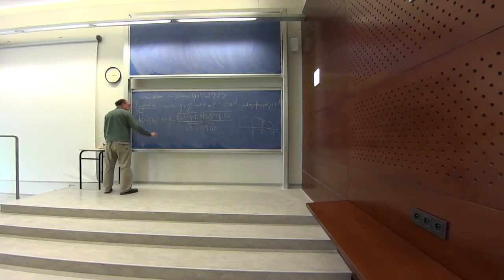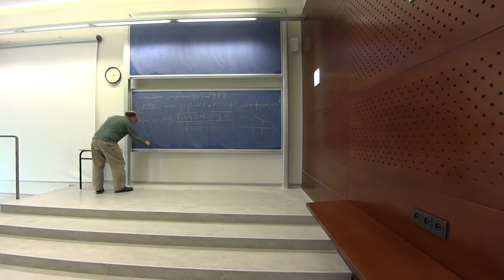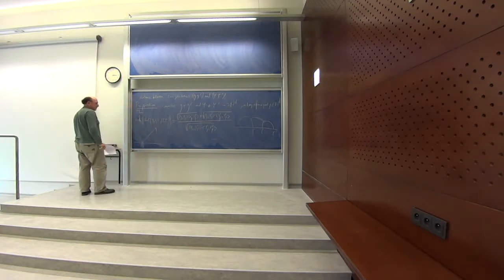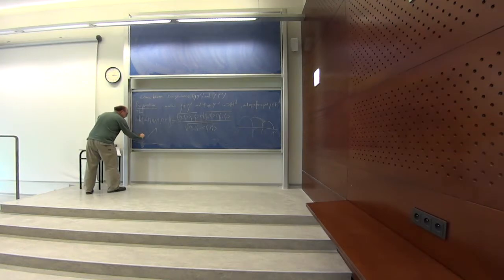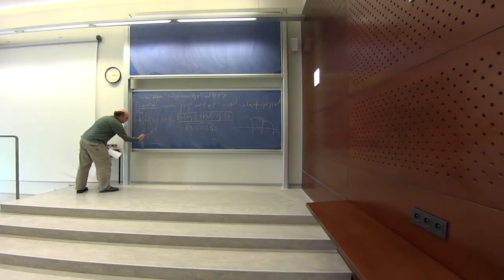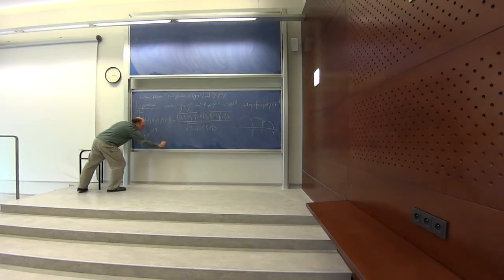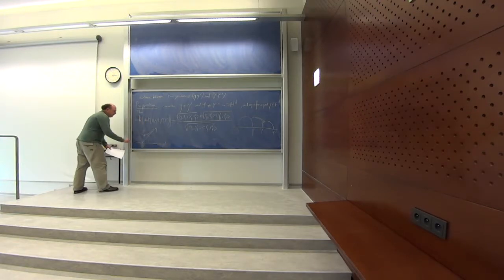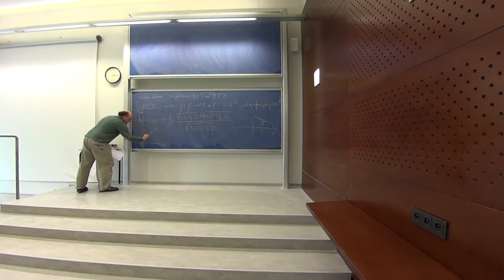I will call the notation, when you have eta here and p here, you find here, taking p orthogonal, this vector is eta p.